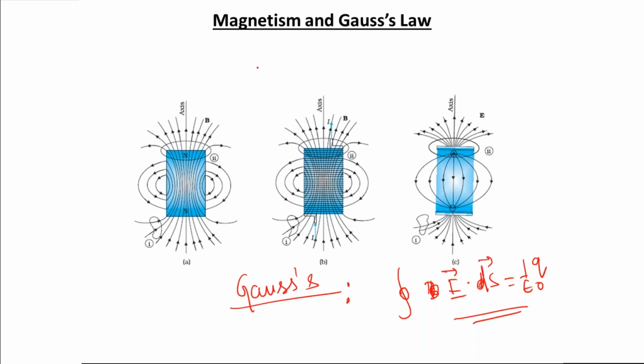So first of all, what is flux? Flux is the number of magnetic field lines passing through a particular area, perpendicular to the plane of that area.